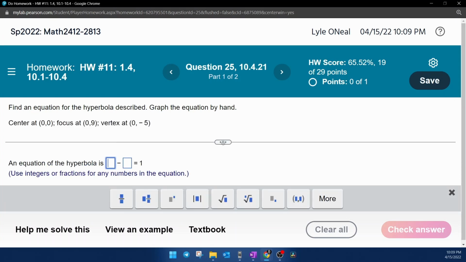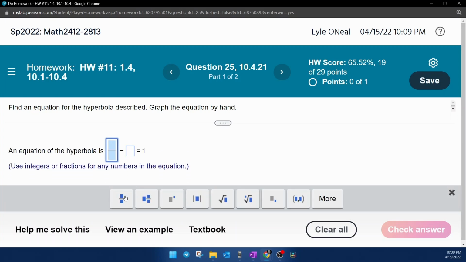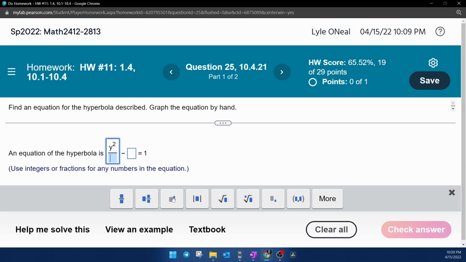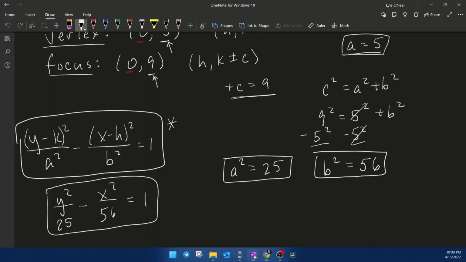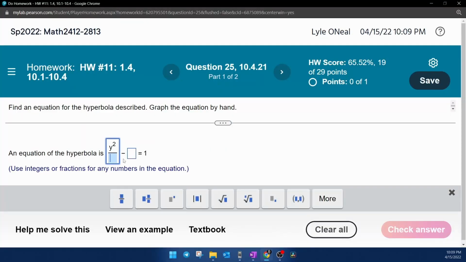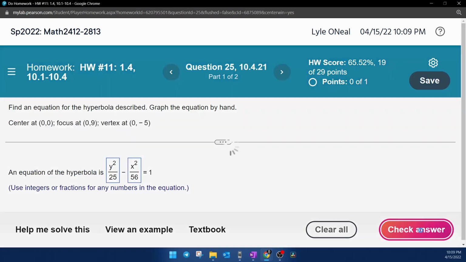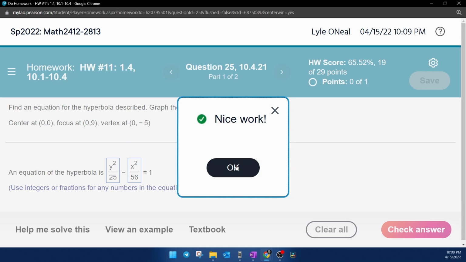And so we're going to click in the first box, and we're going to make that a fraction, and that was y squared over 25, and in the other box as a fraction, that was x squared over 56, and checking that, yay.